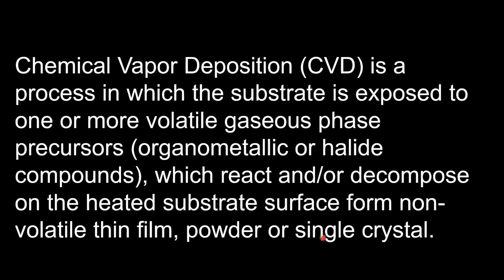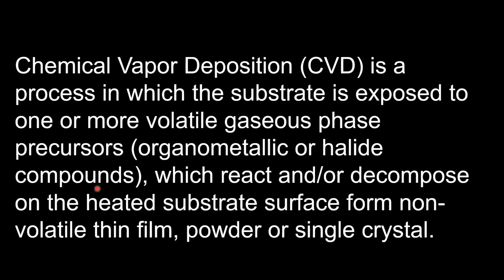So if I summarize the chemical vapor deposition process in simple words, it is a process in which chemical precursors, which are usually organometallics or halide compounds, are introduced in a reaction chamber.